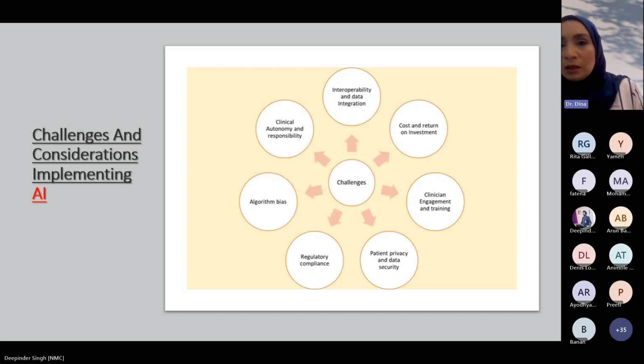The regulatory compliance is one of the most challenging, and everyone is aware of it: in the UAE you cannot send any medical data outside the boundaries of the country. So we cannot utilize an AI cloud that sits outside the UAE. This is very important while you are discussing or selecting an AI.